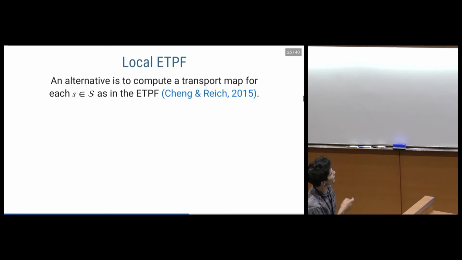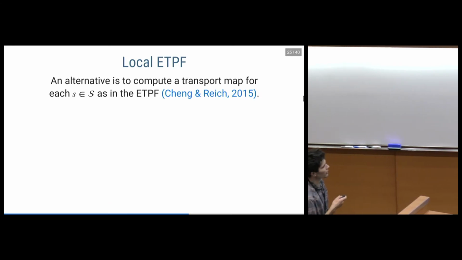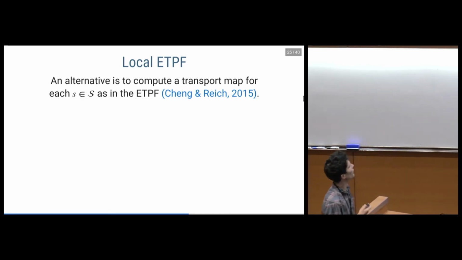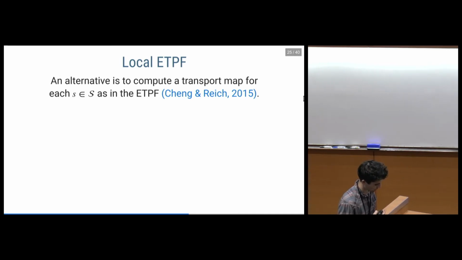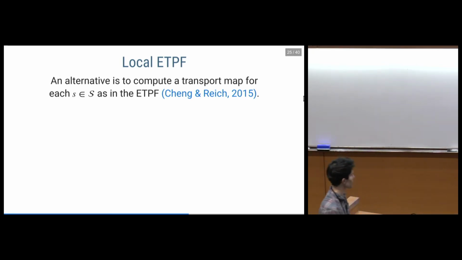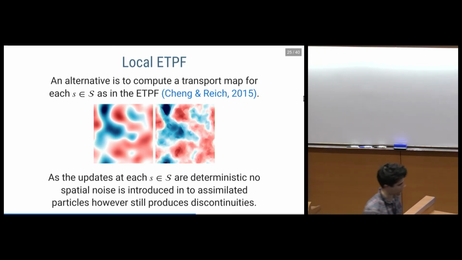In this follow-up to Sebastian's original paper with one of his postdocs, they proposed this localized variant of the algorithm, where rather than computing a single transport map for the whole system, they compute individual transport maps for each spatial location. So it's equivalent to the naive resampling scheme I just talked about, but done via transport maps as opposed to resampling.